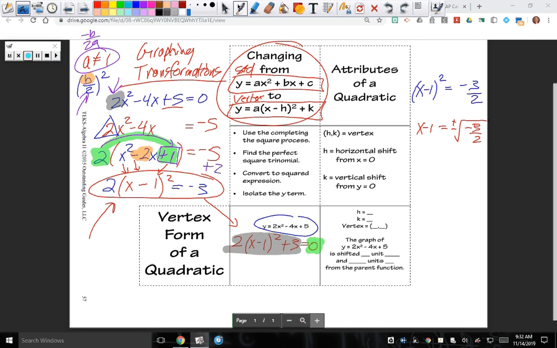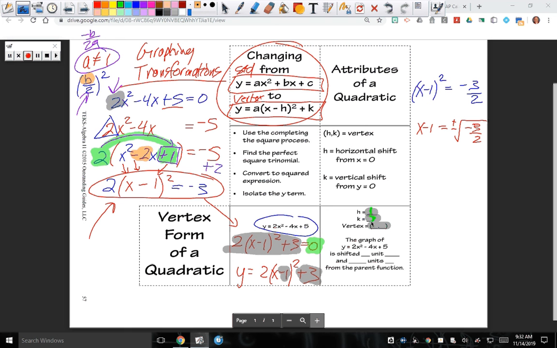So if I put y is equal to 2 times x minus 1 squared plus 3, now I can see my h, k vertex. What am I going to write there? What's my h? 1. My k is 3, right?